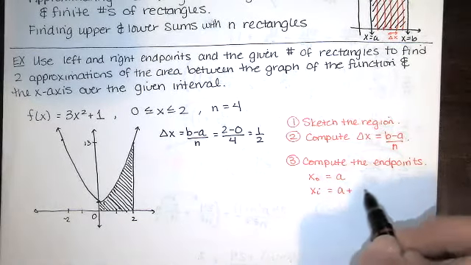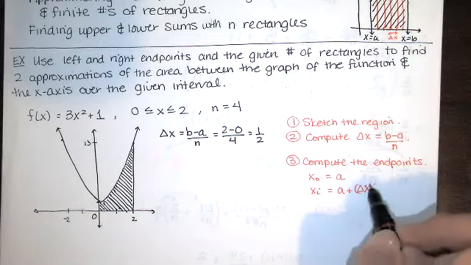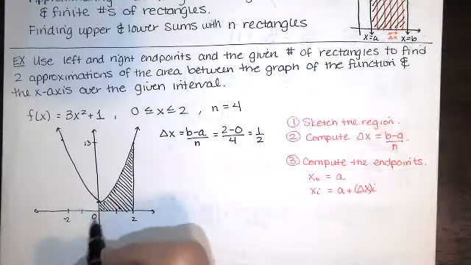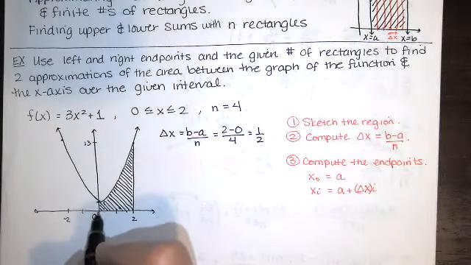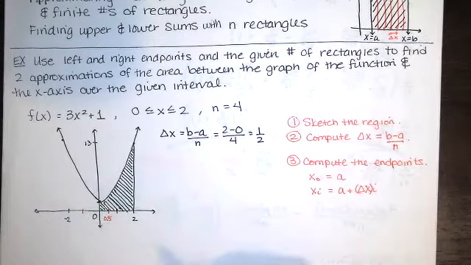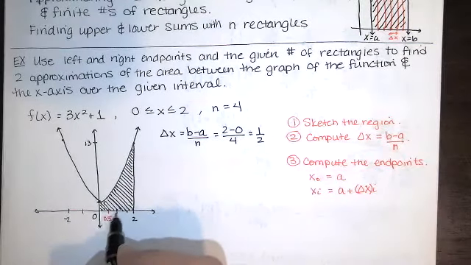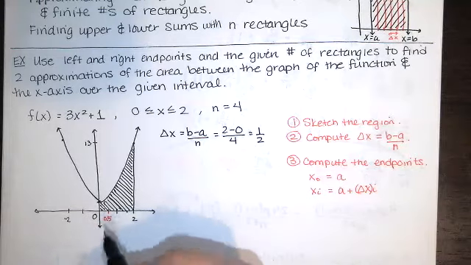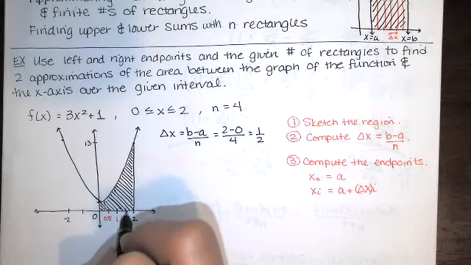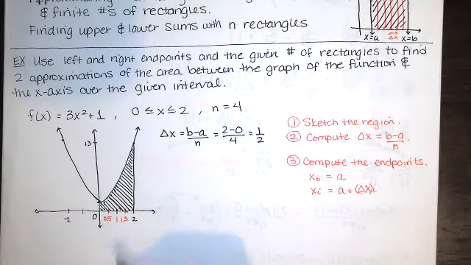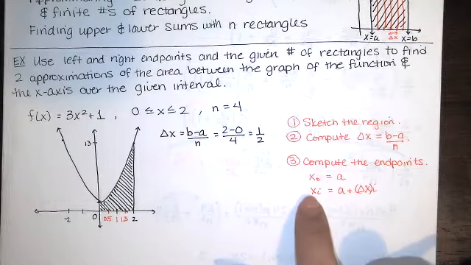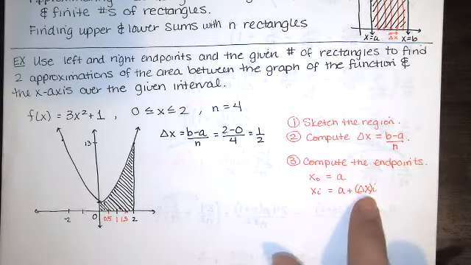So I'll go from x equals 0, and then I'll add delta x, which is 1/2, and that will get me right here. That's x sub 1. And then to get x sub 2, I add delta x again. To get x sub 3, I add delta x again, and then I add delta x a 4th time to get there. So in general, the first one is just a, and then x sub i is equal to this for i equals 1 through n.